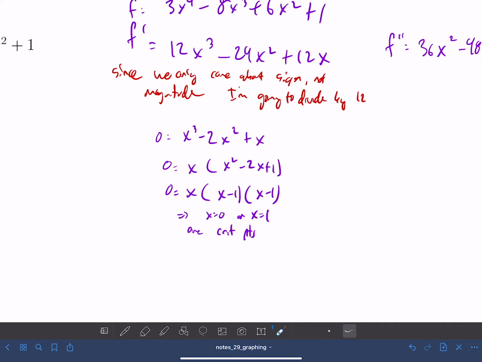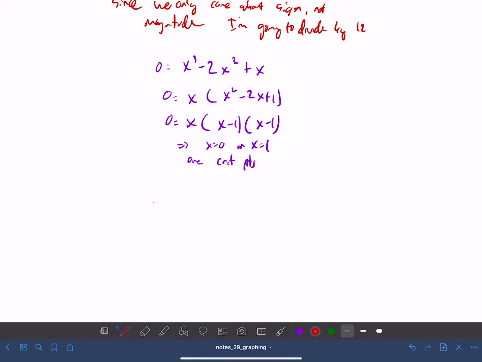Okay, so this generates a number line. What I want to do is find the sign of f prime on each of these 1, 2, 3 intervals. So I'm going to choose test points: -1, a half, and 2.